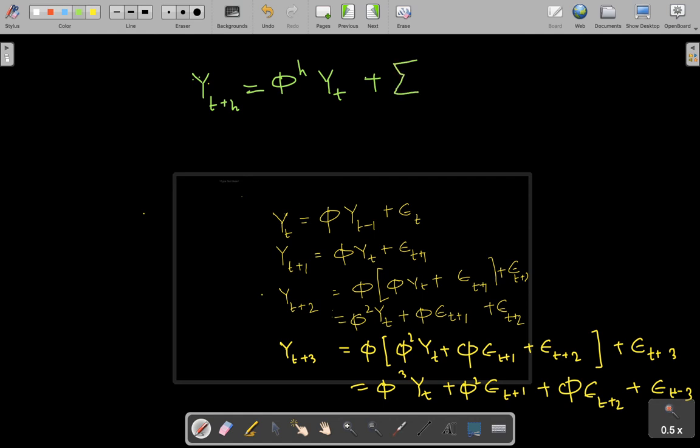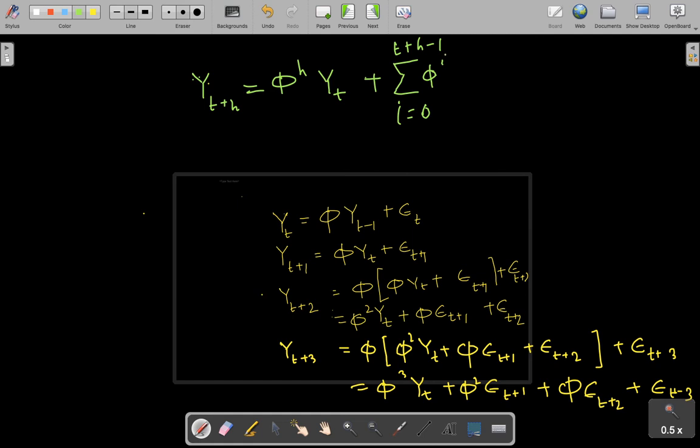So i equal to 0 to h minus 1, and the power of the phi operator is going to be i, right?